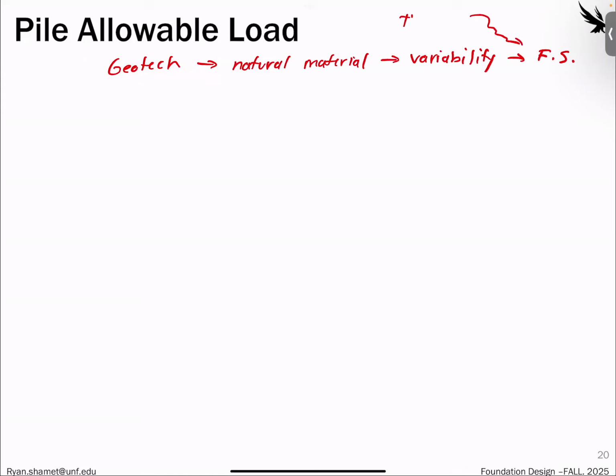Now, of course, with shallow foundations, especially with this, we have geotech stuff, which means we're using natural material or geomaterial, which means there's variability, which means we always need to apply a factor of safety. And especially here where we're also peppering in some theory and assuming that this theory of mechanism is consistent through everything.